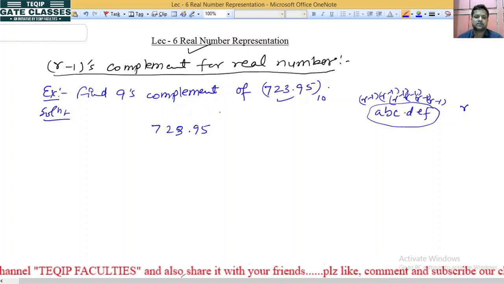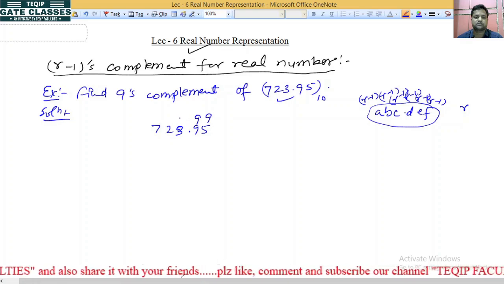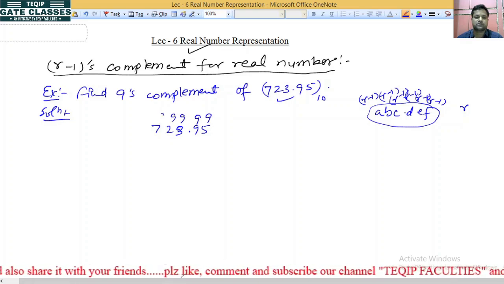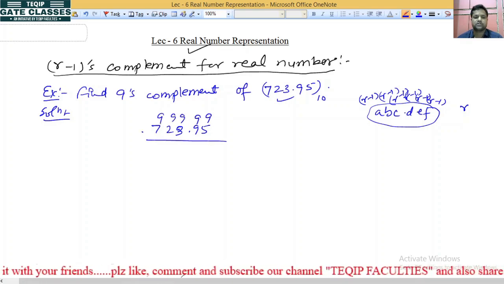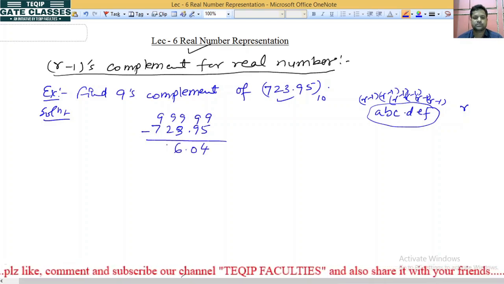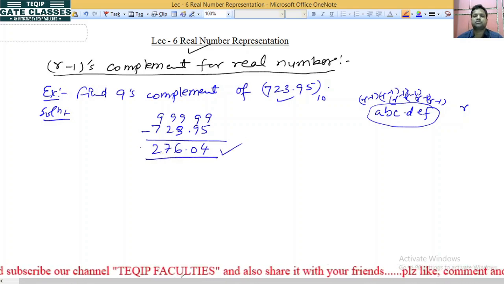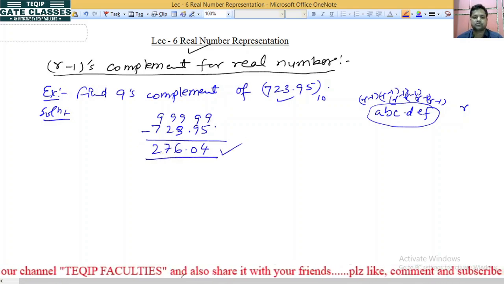Here r is 10, so 10 minus 1 is 9, so each digit of this number will be subtracted from 9. It will give you 276.04. So this is the 9's complement of this number.